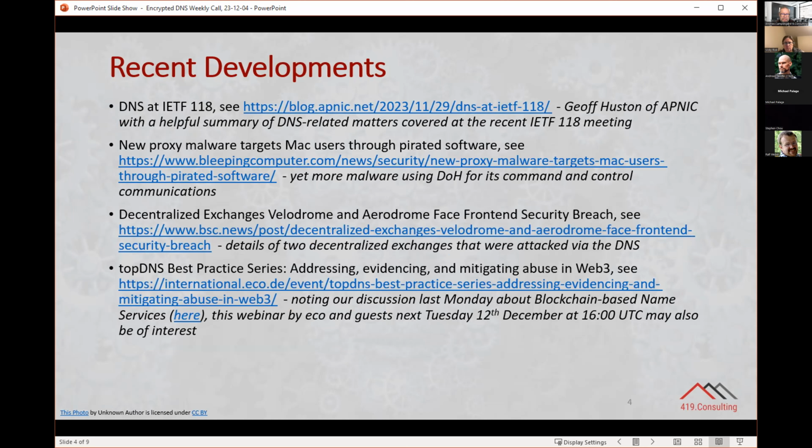The one at the bottom I just mentioned, though, given the interest last week in the discussion on blockchain-based name services, rather helpfully, the eco TopDNS initiative has a webinar next week looking at addressing, evidencing, and mitigating abuse in Web3. So in the same space a bit. That was worth highlighting as that is coming up.